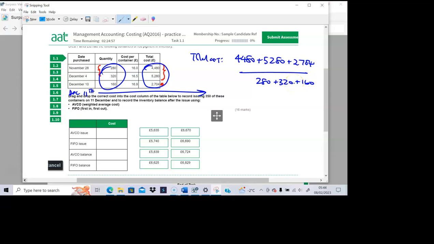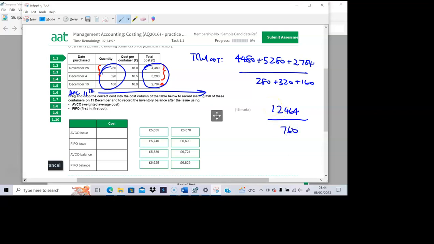So let's do that. We have 4480 plus 5280 plus 2704, which is equal to 12464, divided by 280 plus 320 plus 160, which means that's divided by 760.